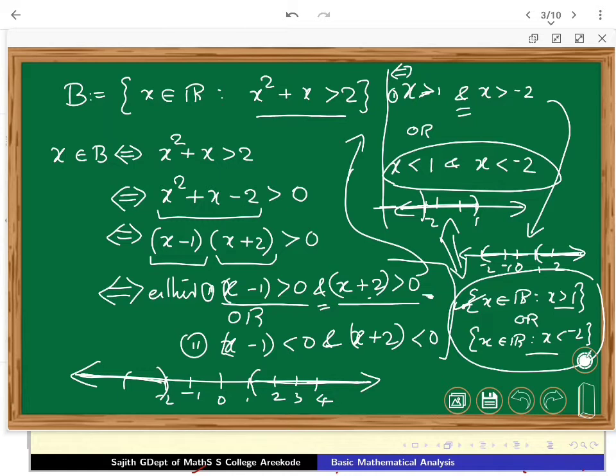Now, one more example, we will just write it down and one can train with that. The set C consists of those real numbers in R for which the condition I am going to write is 2x plus 1 by x plus 2 less than 1.